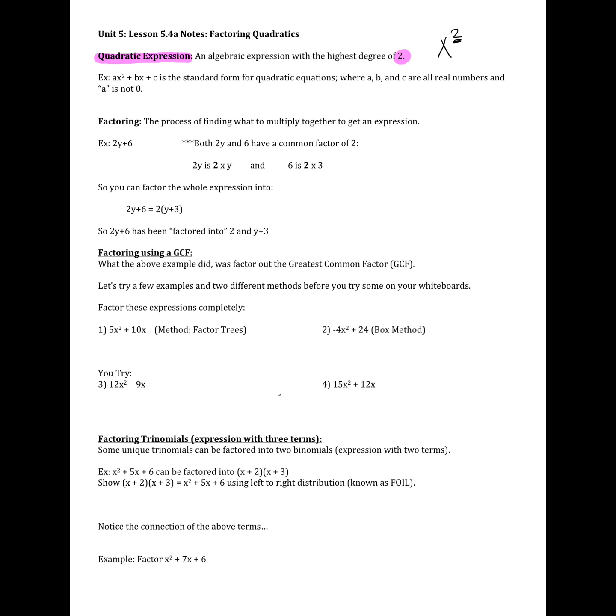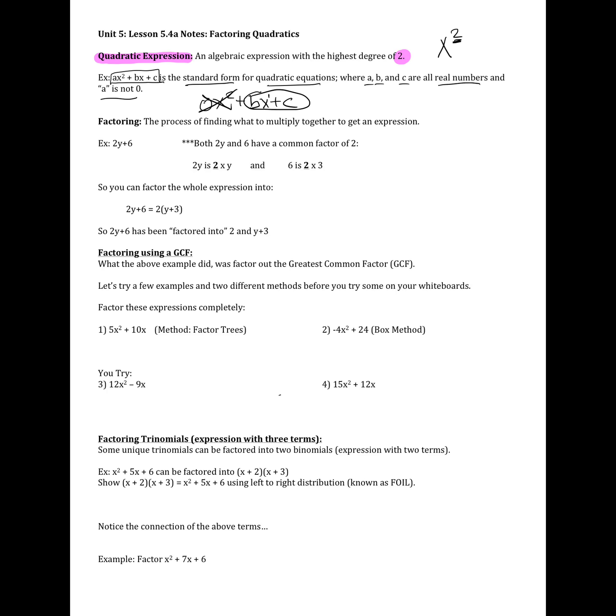And right here, when you see ax squared plus bx plus c, this is called the standard form for a quadratic equation, where a, b, and c are all real numbers, and a cannot be 0, because if a were 0, as you can see here, then this term would not be here, and your highest exponent would then be 1 instead of 2. It wouldn't be quadratic.